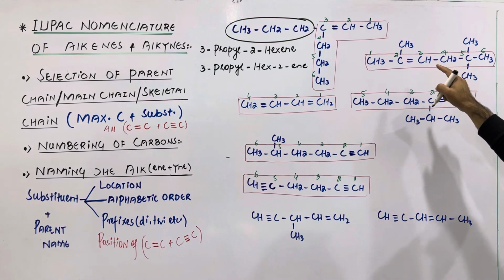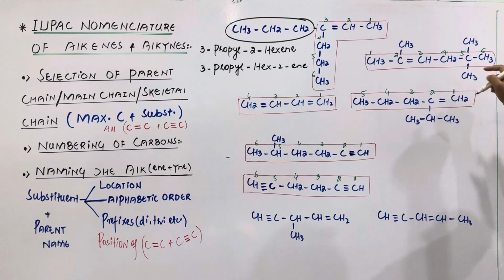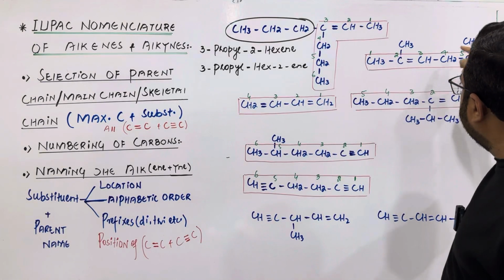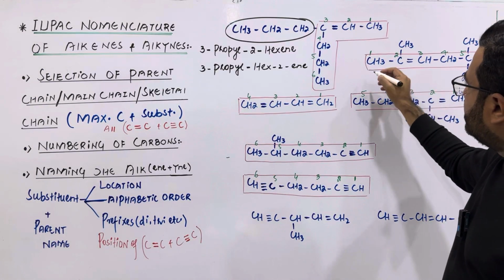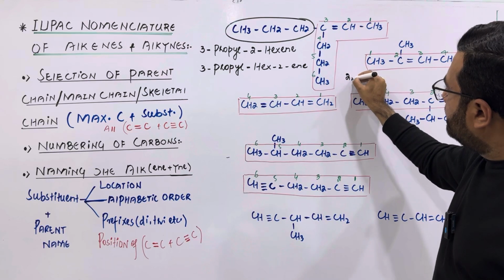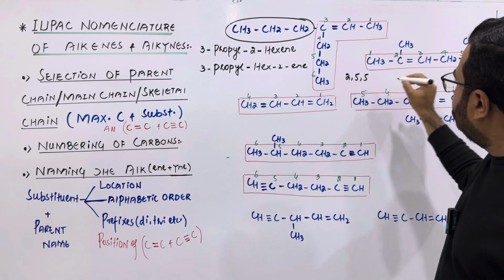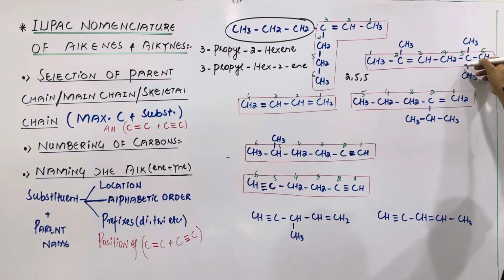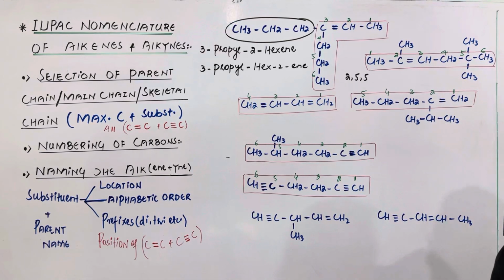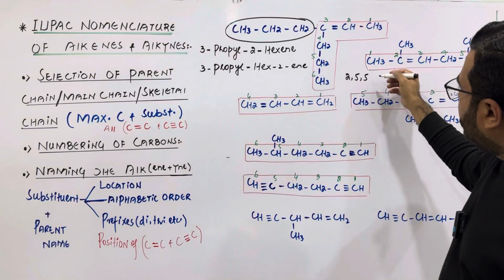It has some substituents and there are 3 methyl groups. One is at second carbon and 2 at fifth carbon. So you will write it as 2, 5, 5. If the same substituents are present on one carbon, then the number of that carbon will be written twice. 2, 5, 5.